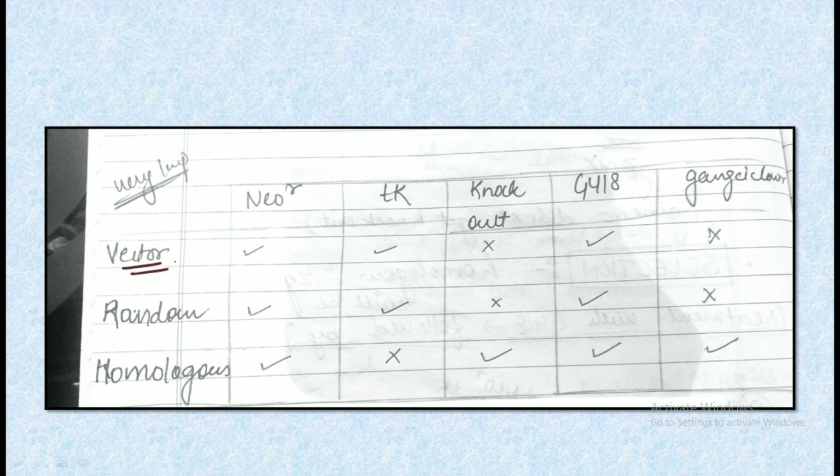So we have the vector. On the vector we have the neomycin resistance gene, we have the TK present, the gene knockout does not occur. On G418 it would survive. Why? Because of the presence of the neomycin resistance gene, and it would not survive on ganciclovir. Why? Because of the presence of the TK.